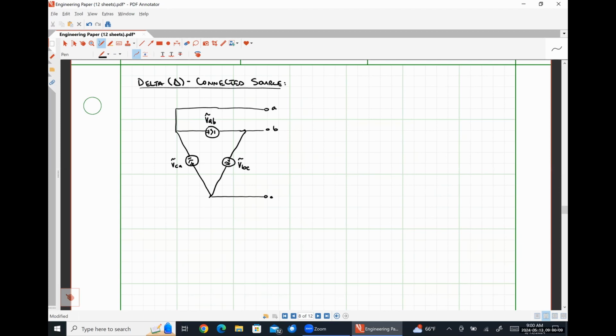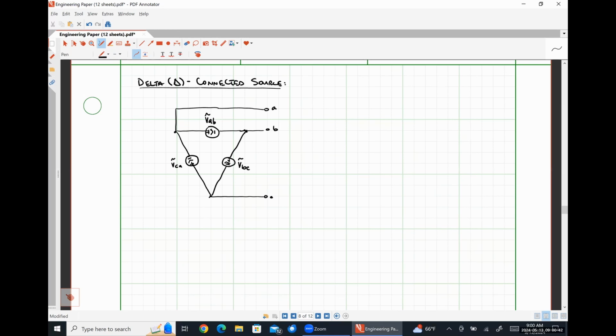So in a Y-connected source, all of our negative polarity terminals of our voltage sources were tied together at that common neutral node. Now we have things rearranged so that the negative polarity terminal of each voltage source is touching the positive polarity terminal of the subsequent voltage source around like this. There is no neutral connector or neutral conductor whatsoever.